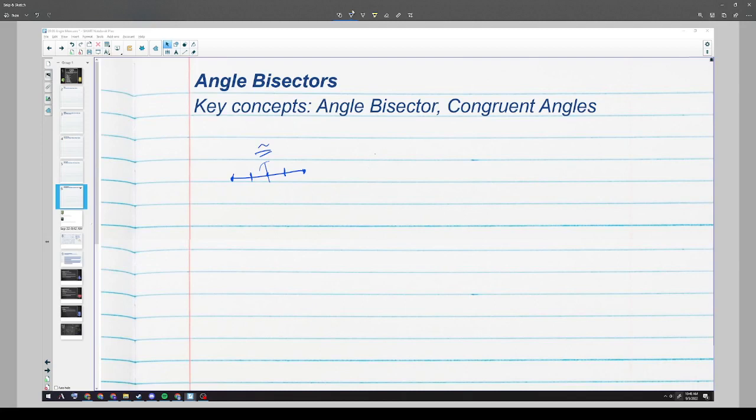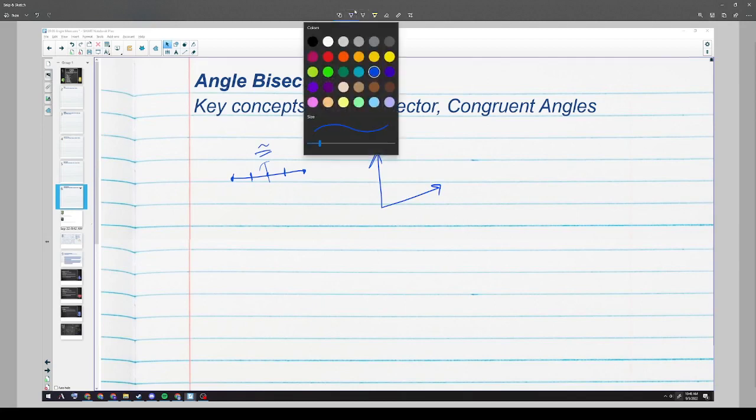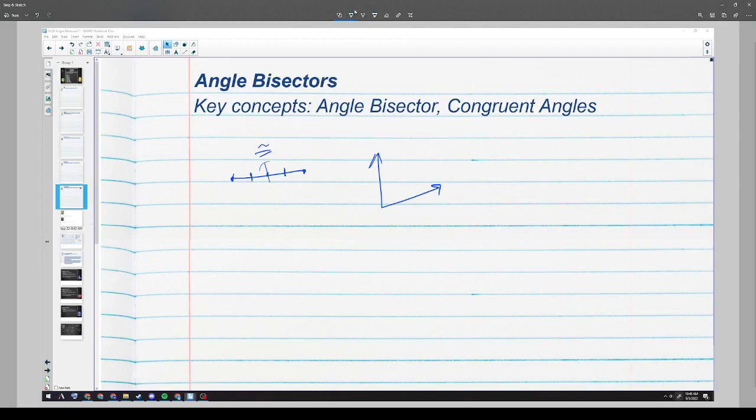With an angle, if I have this angle, I can split that angle exactly in half. We can have another ray that cuts exactly halfway through the angle, and we end up with these two equal angles, and we use this little arc symbol, like a single one, to show that those two are equal. If we had another equal one, we could use a double arc.